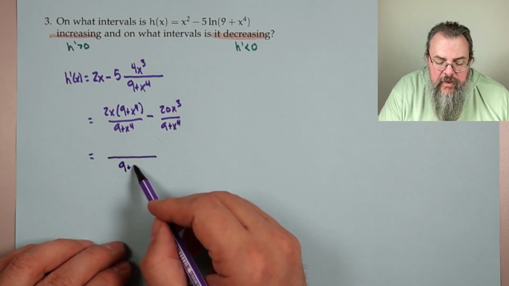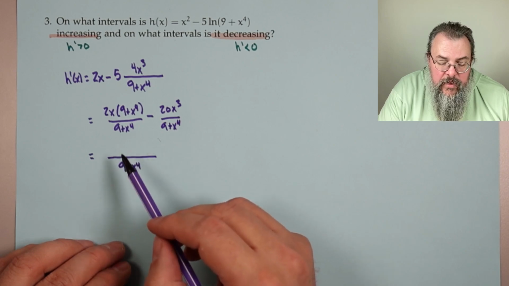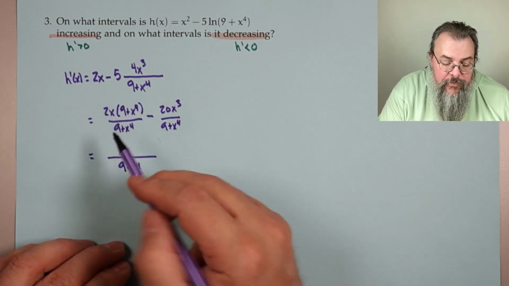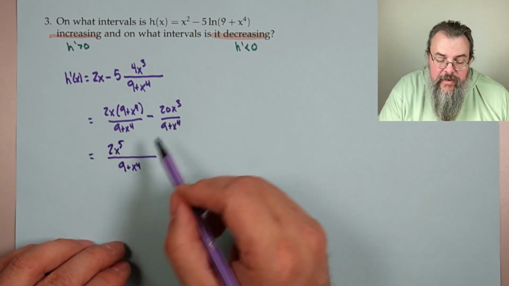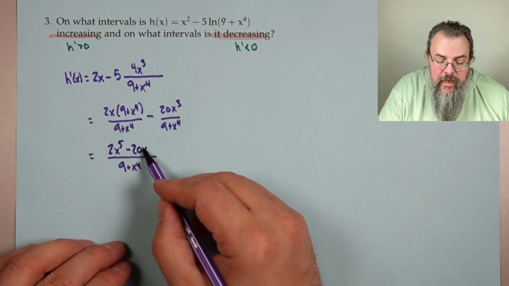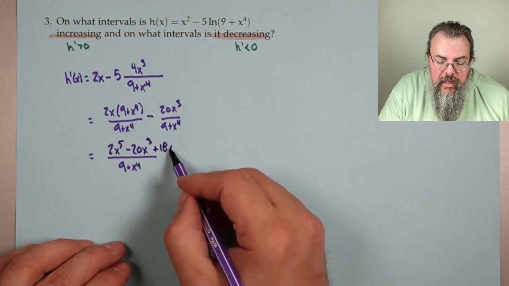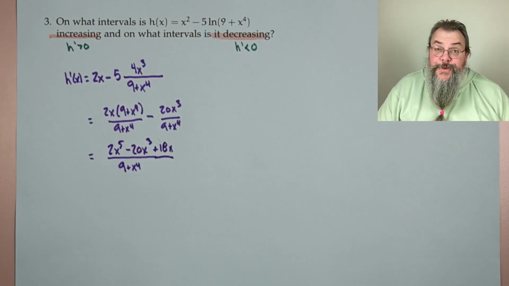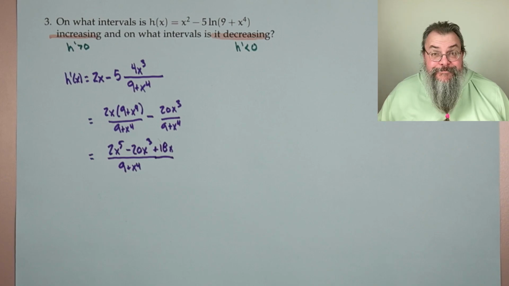We have 9 plus x to the fourth downstairs. Then let's see, what do we have upstairs? Well, we have a 2x times an x to the fourth. So that's a 2x to the fifth. Then we have a minus a 20x cubed. And then we have a plus 18x. Okay, wow. Whew. Yeah, it's a thing.